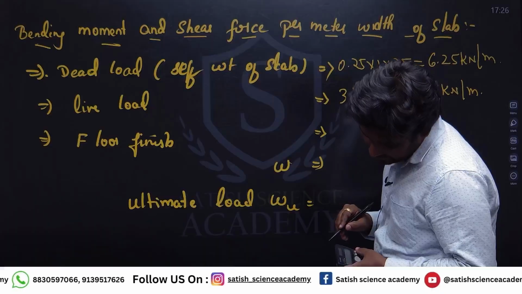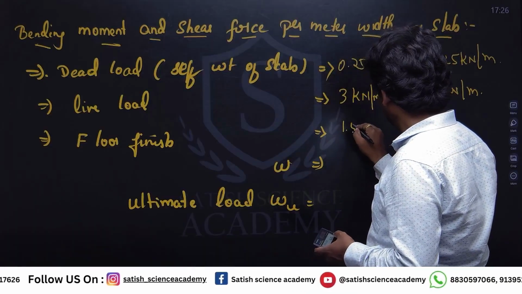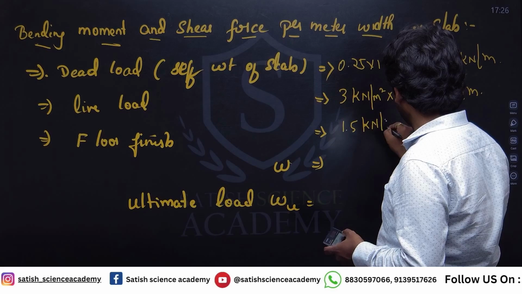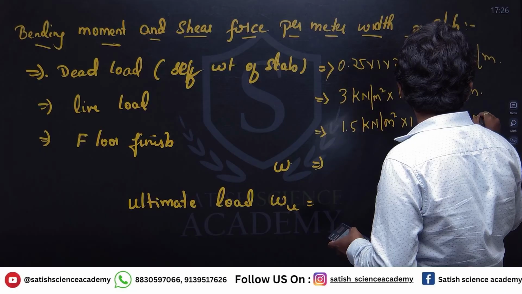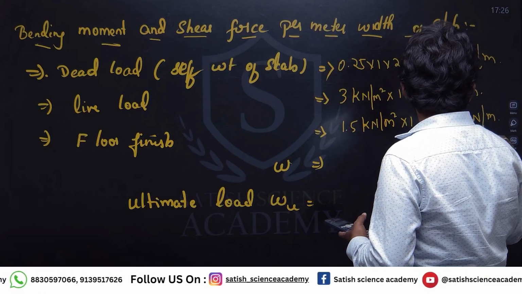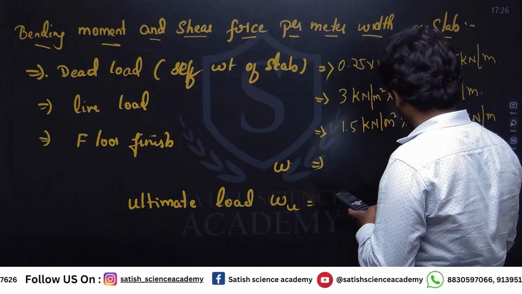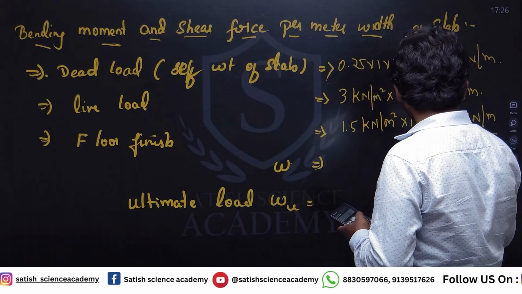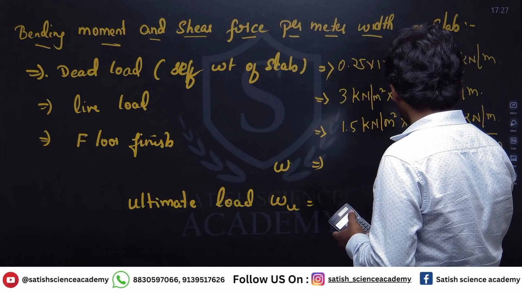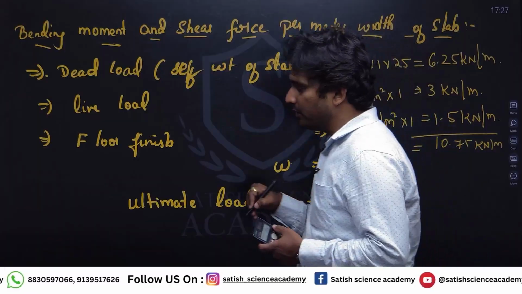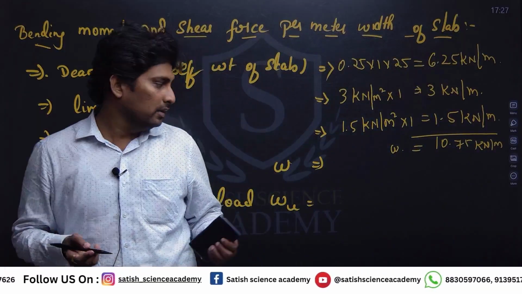Floor finish is given as 1.5 kilonewton per meter square into 1, that is equal to 1.5 kilonewton per meter. So total value is 6.25 plus 3 plus 1.5. This is 10.75 kilonewton per meter. This is equal to W. So W आ गया आपको 10.75.